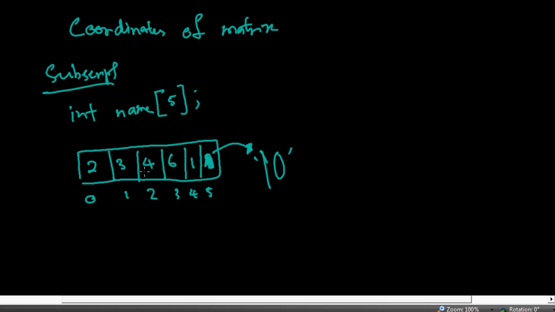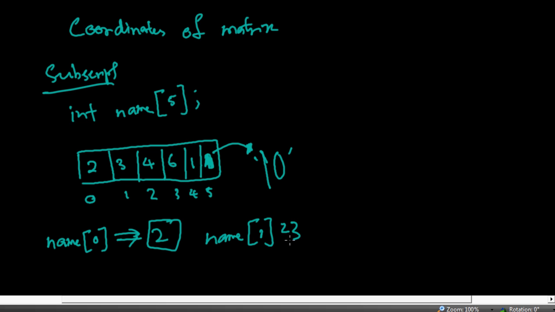Now how do I call each of these elements out? I just have to call probably name[0], then the output will be 2, or name[1], the output will be 3. But how do I call a two-dimensional array? How do I get its address? Well, we can call it like this.